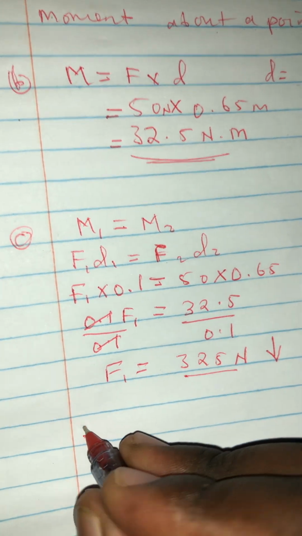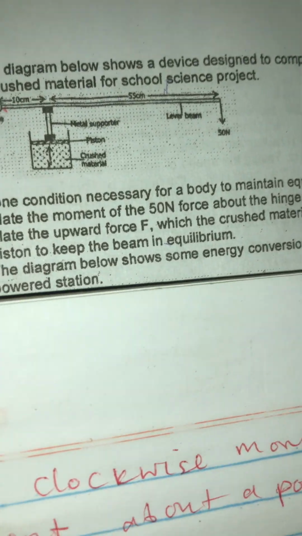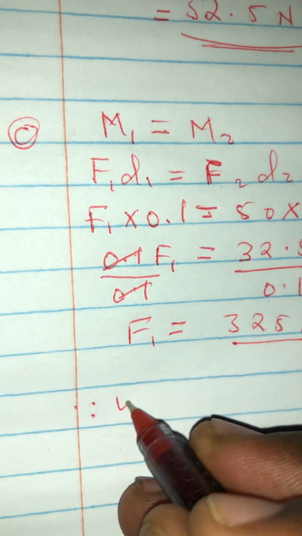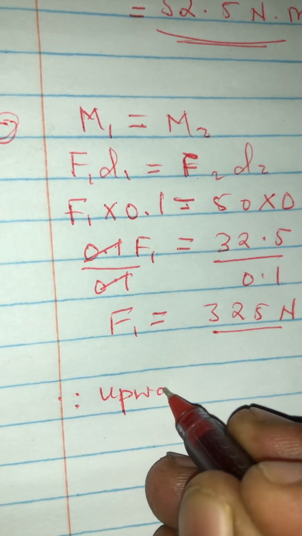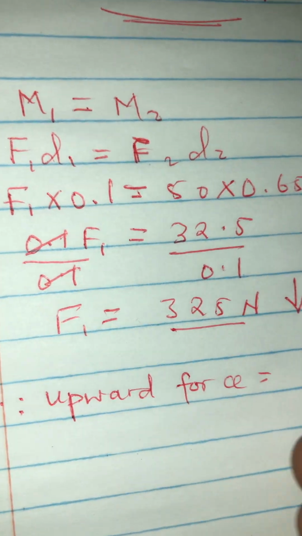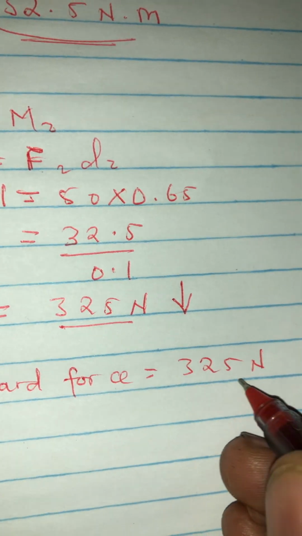Therefore, the question is that we should calculate the upward force, not the downward force. So we're going to say, therefore, upward force is equal to 325 Newton. Why?